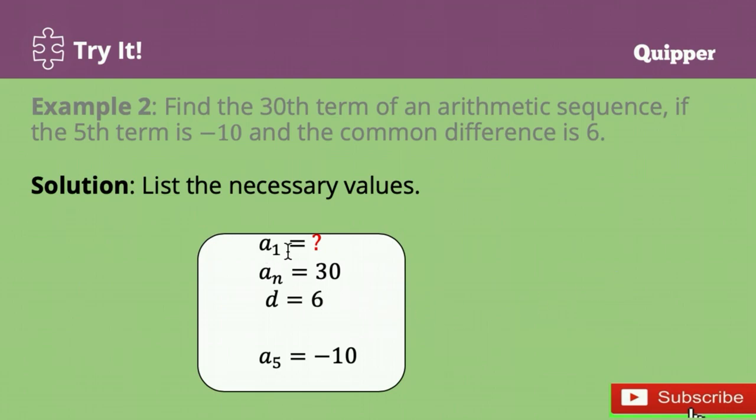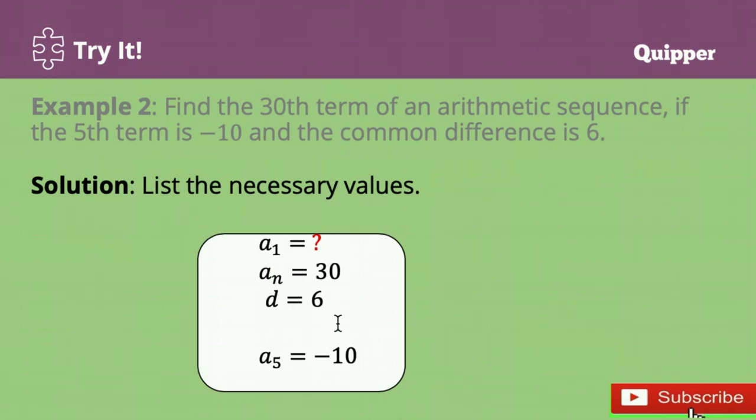A sub 1, we don't have yet a value. And n is equal to 30 since we are to find the 30th term. And the common difference, as stated here, is 6. And I included the a sub 5, or the fifth term, which is negative 10, so that we will be using this in finding the first term.